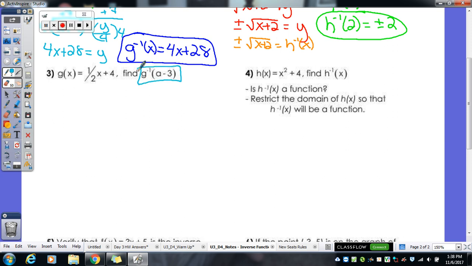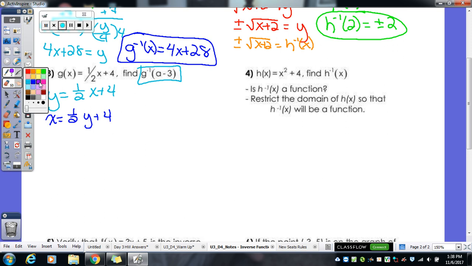Alright, so again, we're finding g to the negative 1 of negative 3. So we got to first find g to the negative 1 of x. We got to find our inverse. So y equals 1/2 x plus 4. First step is always make sure we have a y there. So now we flip our x and our y. So I get x equals 1/2 y plus 4.